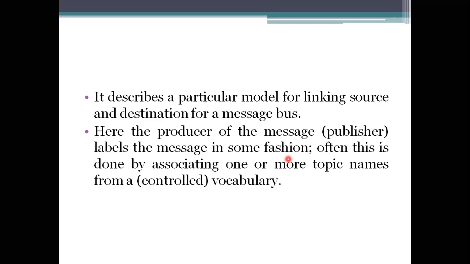We are not connecting the source and destination directly here; we are connecting them through a message bus. We act as a publisher and a subscriber. Publisher means they will provide the data, or the services, or the accessibility. That is the producer.